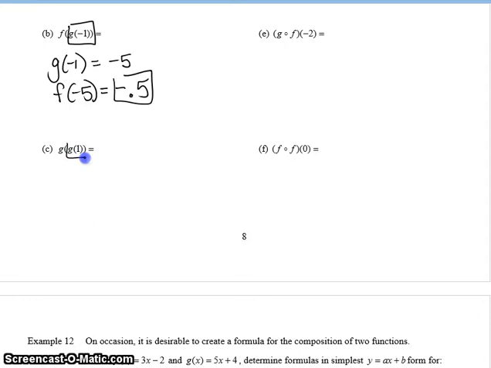Part C, g of 1 first. Looking at the g function, go over to x equals 1, and you're going to get a 3. Now take that 3, and it wants it back in that g function. So now you have to go over 3 on the g function on the x-axis, and if you go over 3, it is up 3. So my answer is 3.